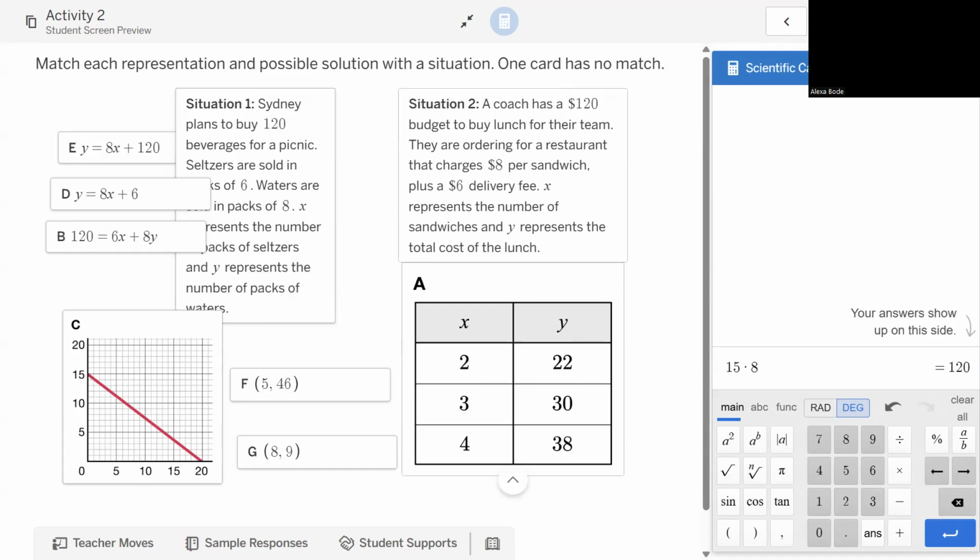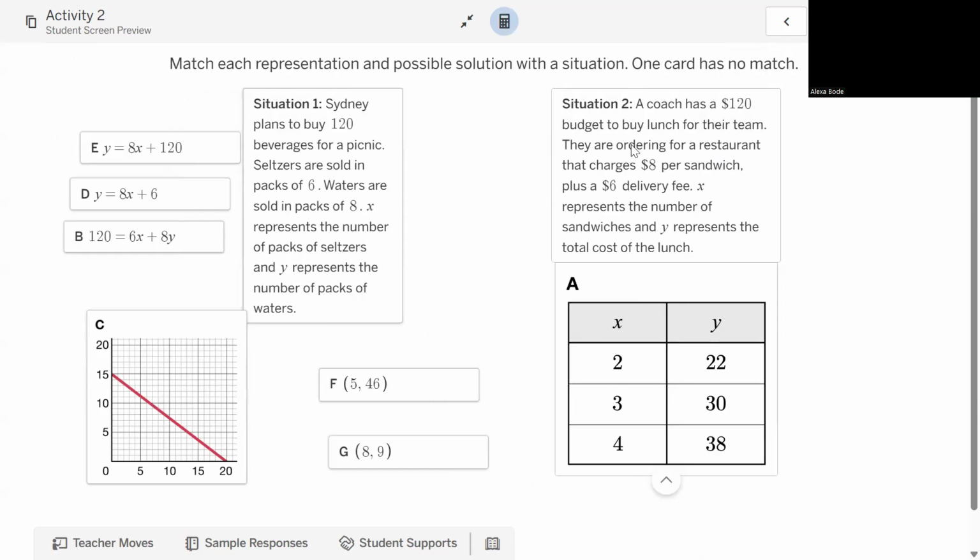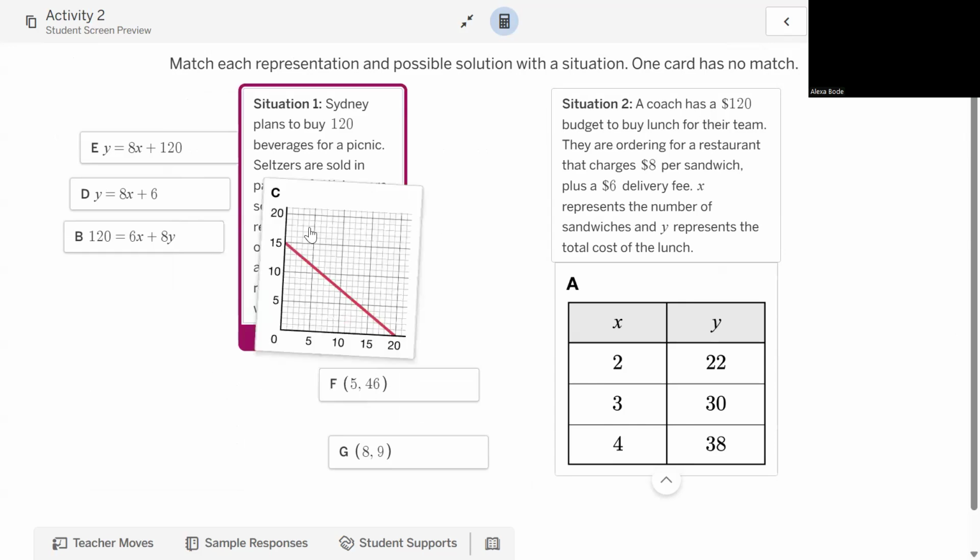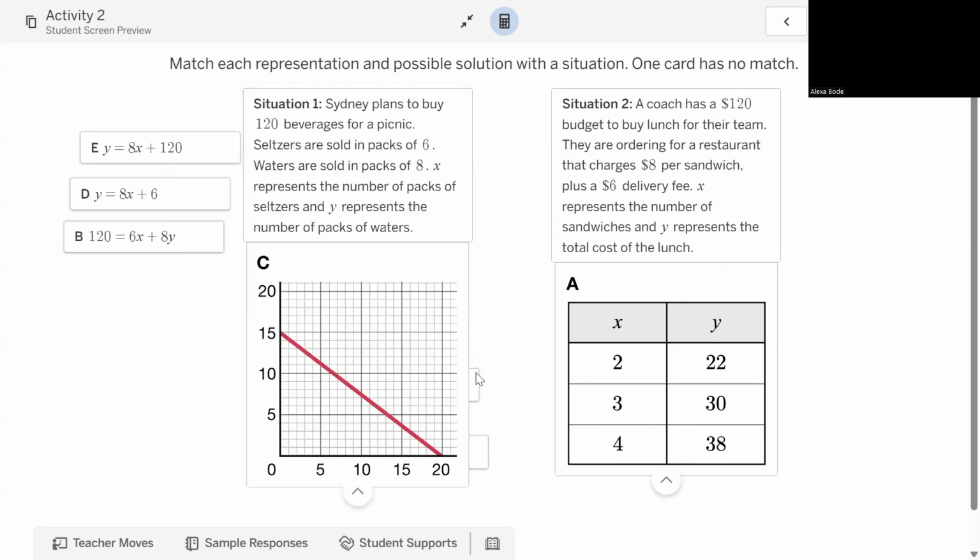So this does work for situation 1. If I tried it for situation 2, I have $8 per sandwich plus a $6 delivery fee. 0 is my X. So if I had 0 sandwiches plus a $6 delivery fee, that's not $15. So this matches up with situation 1.